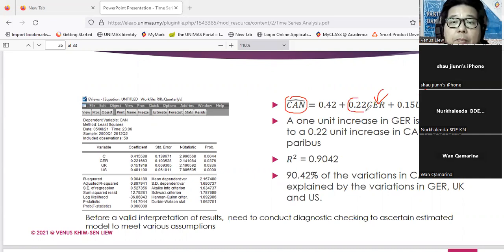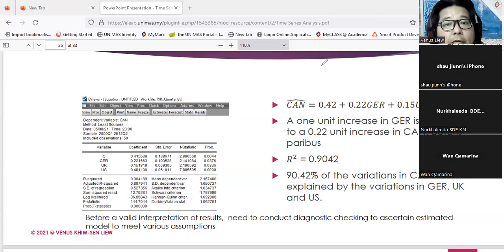Number one, you know the impact. Number two, prediction. If Germany interest rate is 3, UK interest rate is 4, US interest rate is 3, what's the value? Just plug in, calculate and get a value. So for prediction and forecasting, we are modeling it. Modeling and forecasting come together.